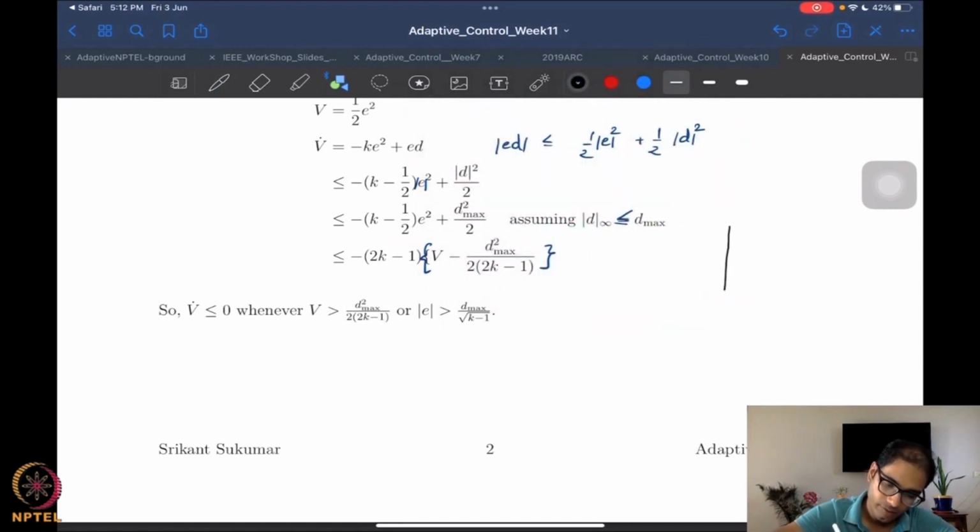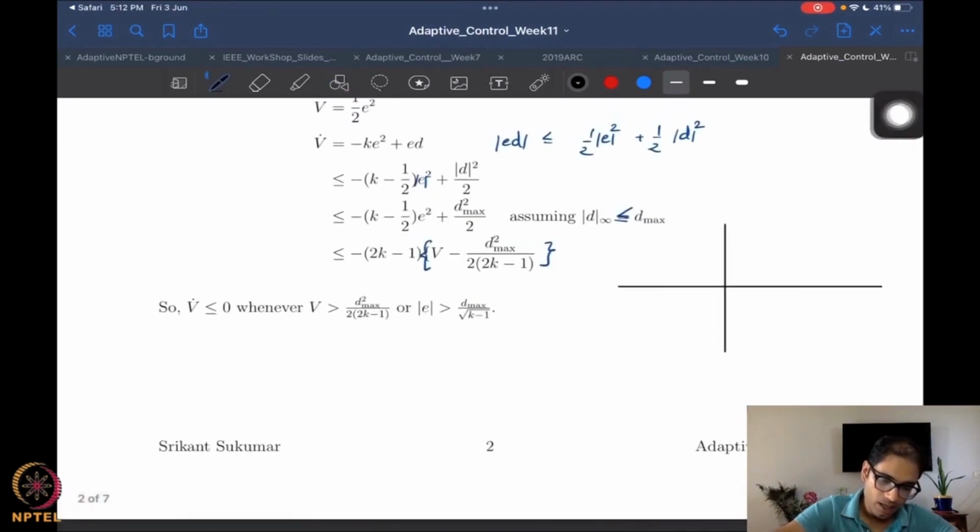So, nice axis, right? This is my x-axis. I'll have my time in the x-axis, I guess.